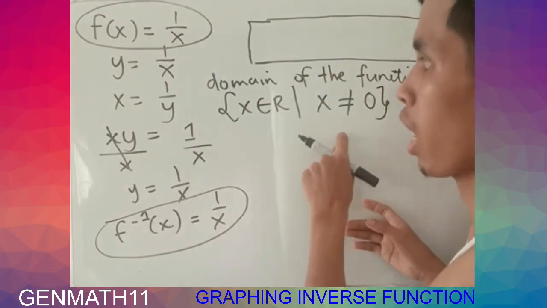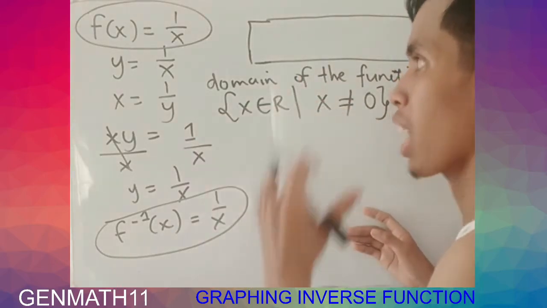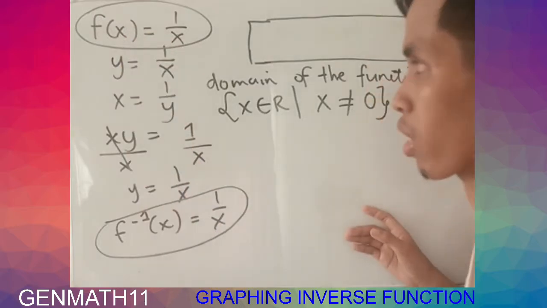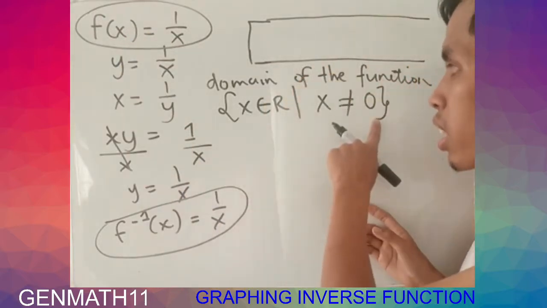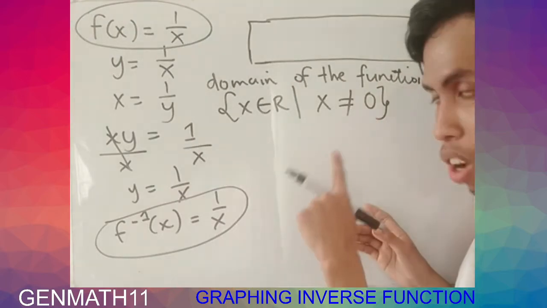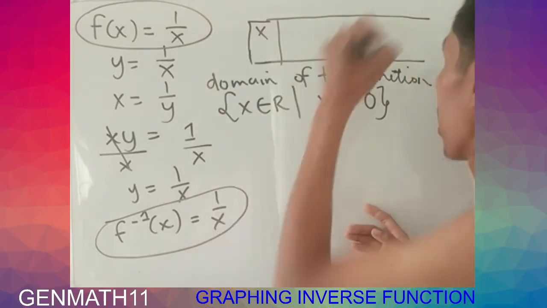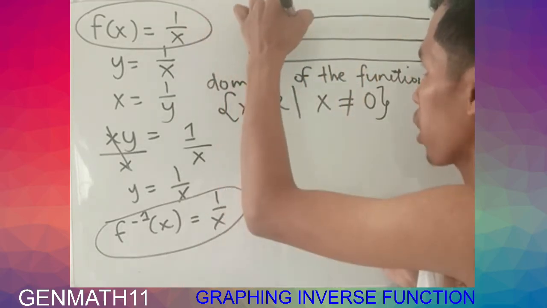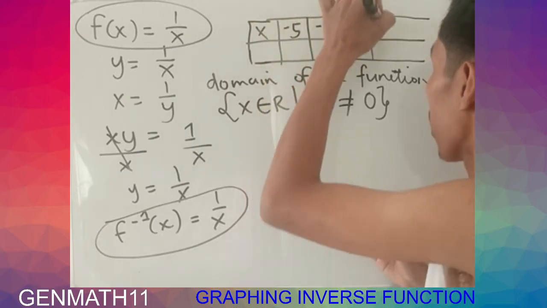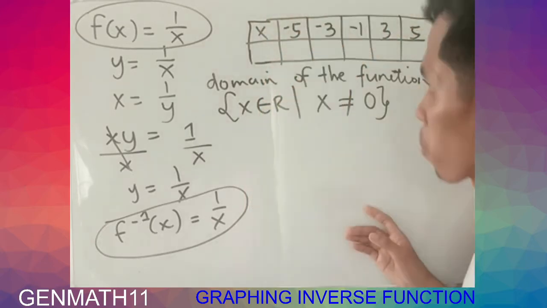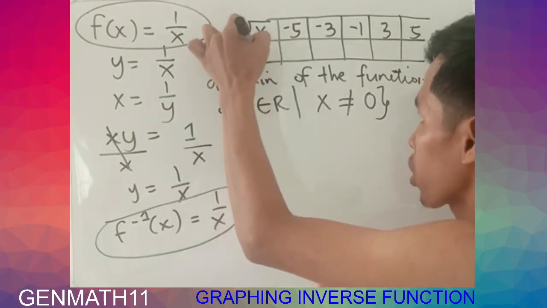This restriction gives the possible values of our domain based on the function. So, we cannot put 0 as a value of x in our table of values. Okay. So, let's try from negative 5 to 5. So, our f of x.